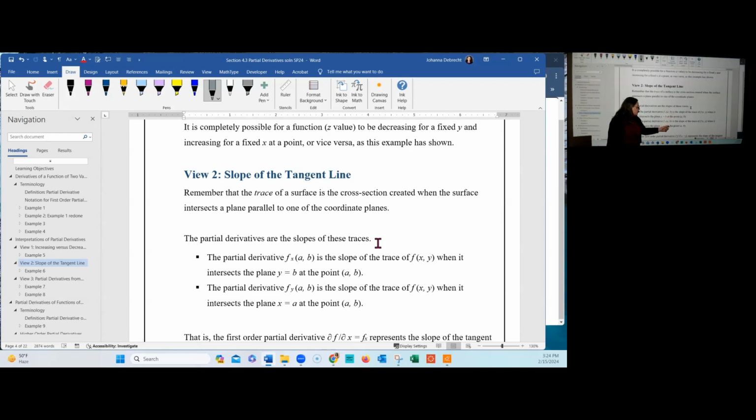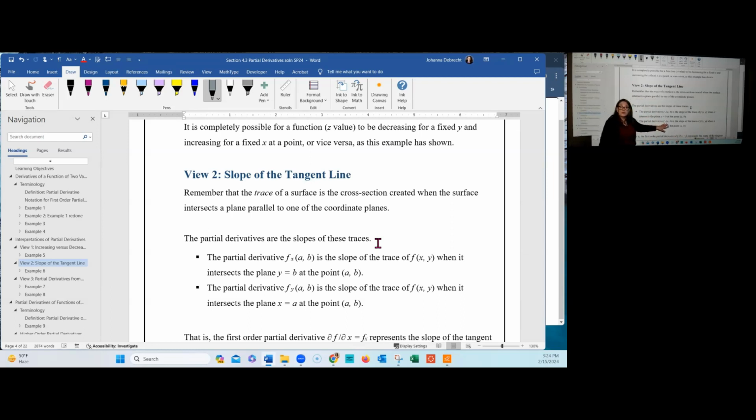So y remains b, which means that I'm intersecting the plane y equal b. So if this was the partial of x at the point 1, 5 in the domain, which is the xy plane, then I would have the intersection with the plane y equal 5 at the point 1, 5. And the partial derivative with respect to x would be the slope of that trace at that point, which is what we talked about in the first example.